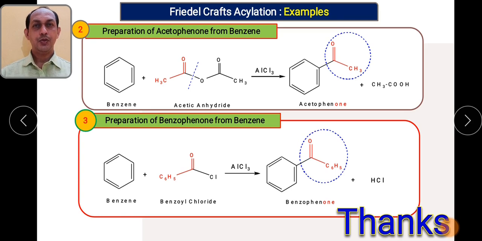Fourth method, Rosenmund reduction: acid chloride gets converted into aldehyde by use of H2, Pd-BaSO4. Fifth method, Gattermann-Koch reaction with the help of carbon monoxide and HCl. We can convert aromatic compounds into aldehydes. The sixth method is the Friedel-Crafts acylation reaction, in which benzene reacts with acetyl chloride, acid halides or acetic anhydride in the presence of aluminum chloride to form aromatic ketones.